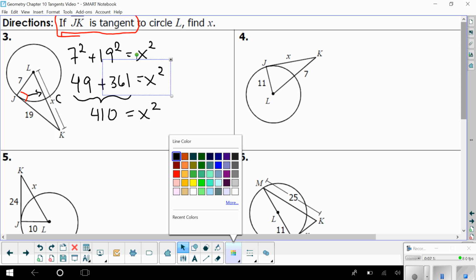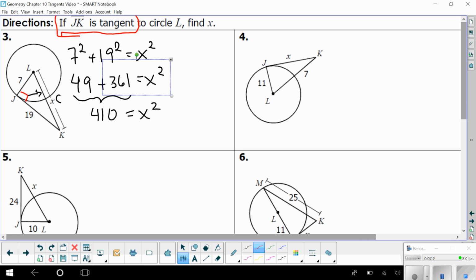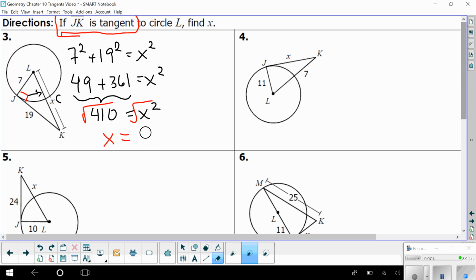And remember, square root both sides. So x equals, and remember to round to the nearest tenth. So square root of 410 is going to be 20.2.